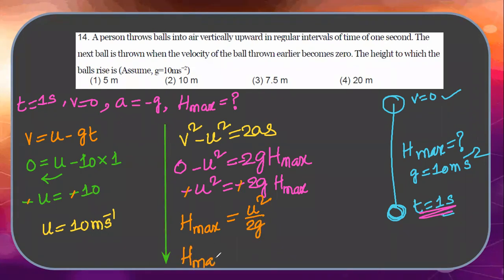Therefore, h maximum is equal to u square, which means 10 whole square, divided by 2 into 10. 10 whole square means 100, divided by 20. 20 goes into 100 five times.